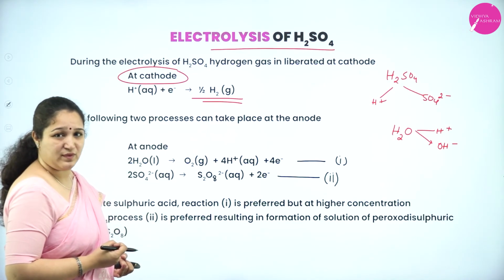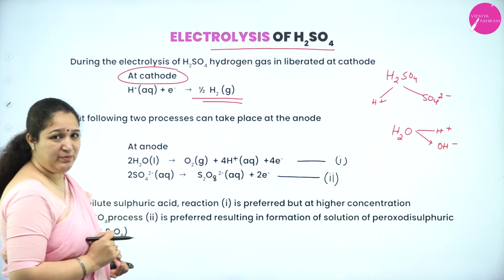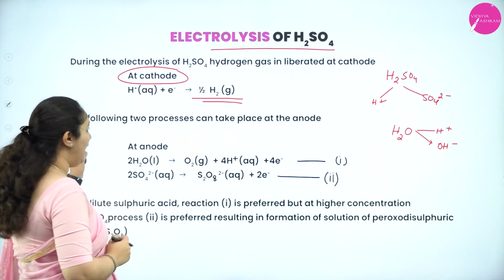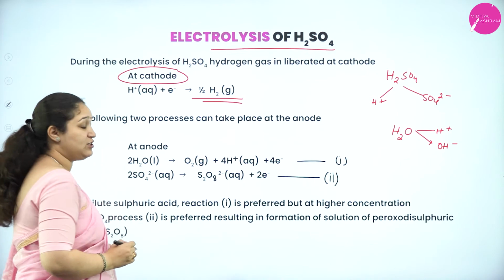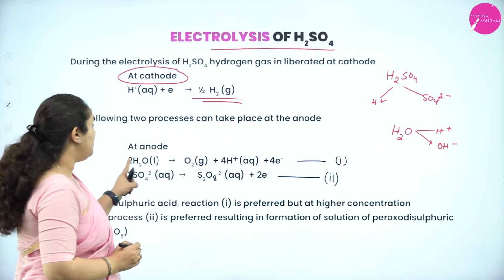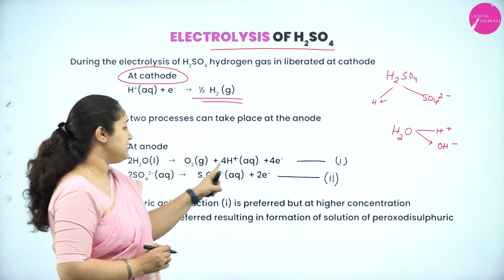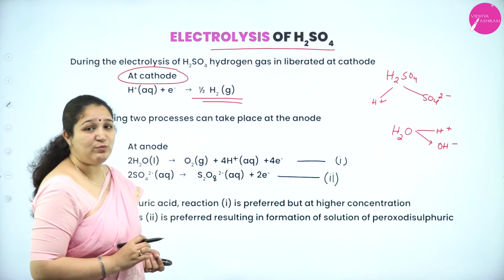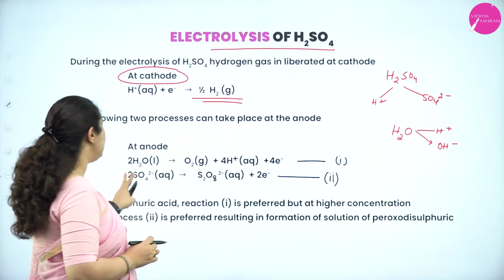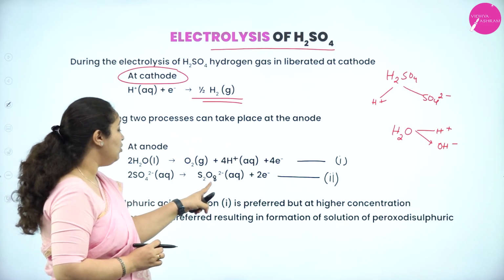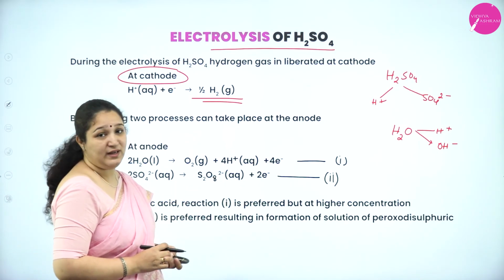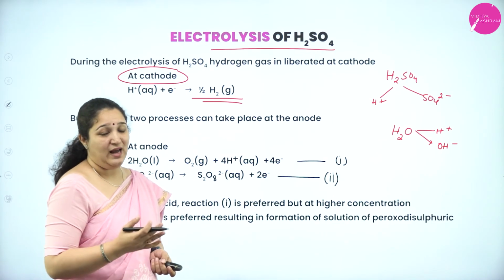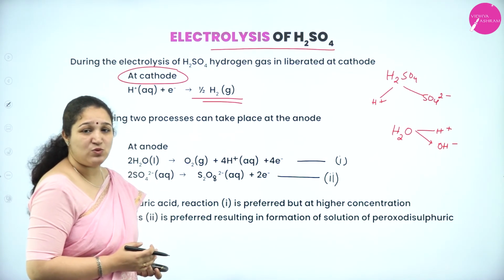Okay, so hydrogen gas will be liberated. But when it comes to the anode, we have two possible reactions. Either water will liberate oxygen gas, and the potential is 1.23 volt here, or sulfate ion can form S2O8 2-, liberating 2 electrons, and the voltage is 1.96 volt here.